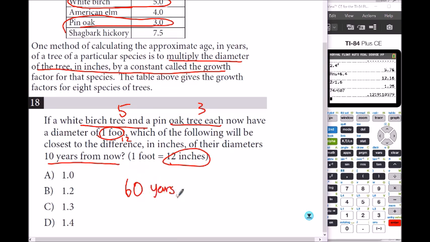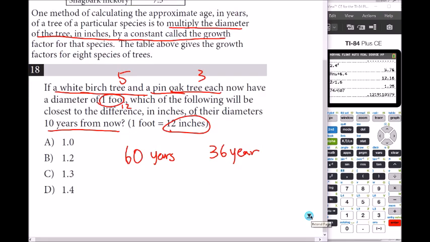And 3 times 12 is 36 years old. Now, the pine oak and the white birch trees are 60 and 36 years old now, but in 10 years, meaning you have to add 10, right? So when they're 70 years old and 46 years old, we like to know the difference of their diameter.